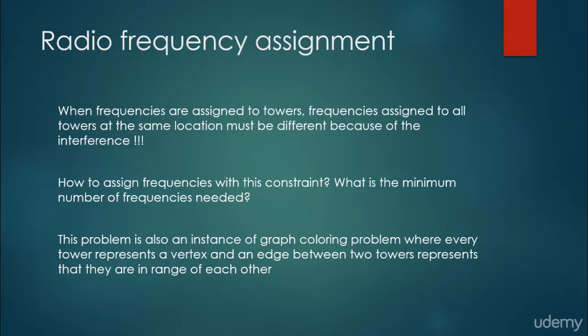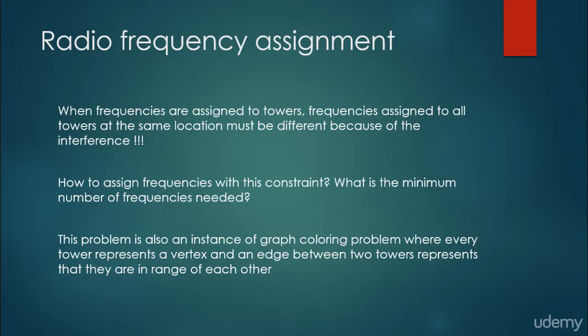Another very interesting problem is the radio frequency assignment. When frequencies are assigned to towers, for example, during mobile communications, frequencies assigned to all towers at the same location must be different because of the interference. And how to assign frequencies with this constraint? What is the minimum number of frequencies needed?